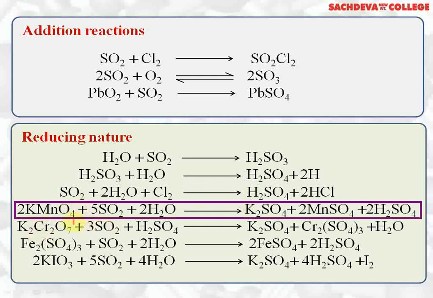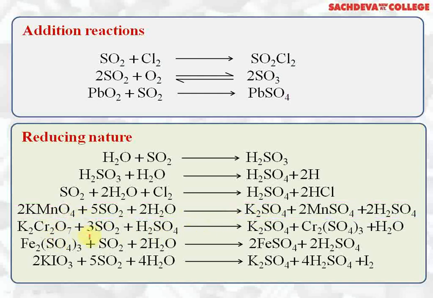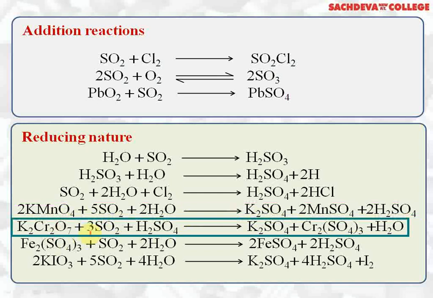Acidified KMnO4 is also a strong oxidizing agent which oxidizes sulfur dioxide to sulfate: K2SO4, 2MnSO4 plus 2 moles of sulfuric acid are formed. That is, when sulfur dioxide is passed through acidified KMnO4, it decolorizes potassium permanganate solution because it reduces KMnO4 to MnSO4. Sulfur dioxide turns acidified dichromate paper green.